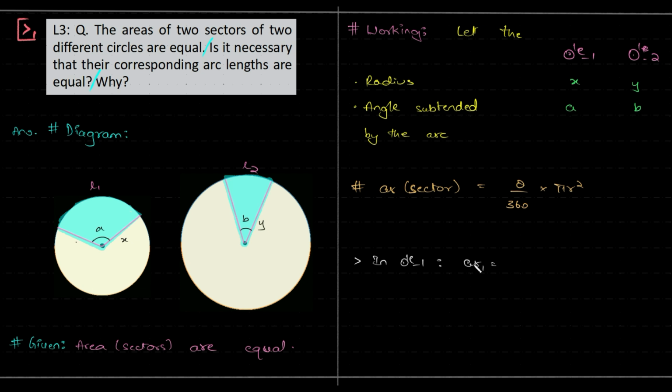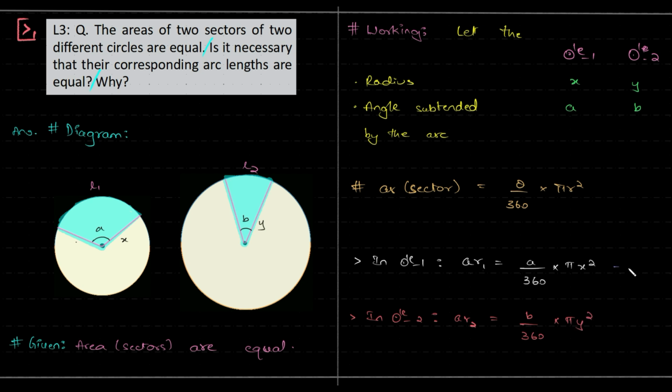Area 1 is equal to theta, in this case I'm taking it as A, by 360 into pi x square. And for circle 2, what do we have? In circle 2, we have area of the sector equal to B by 360 into pi y square.